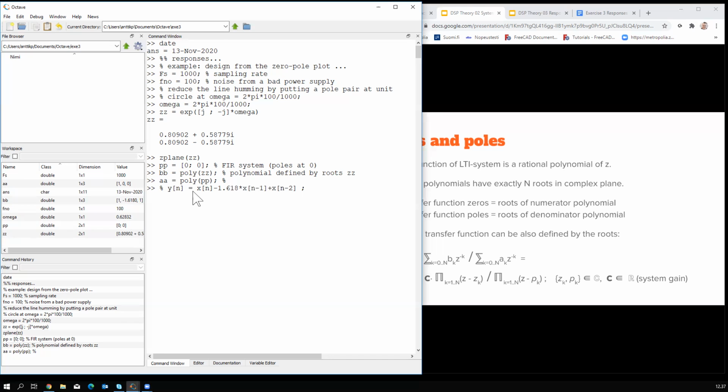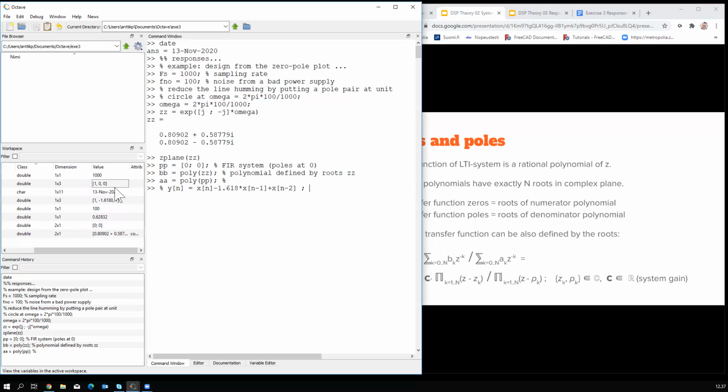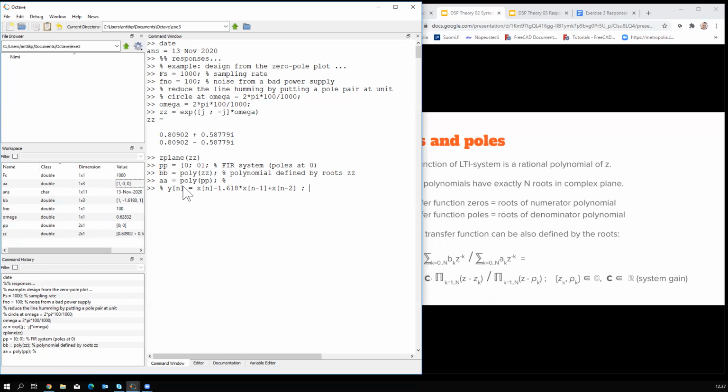Well, that's it. It doesn't have feedback, because the polynomial is just 1, 0, 0, meaning the terms for the feedback are turned off for the y. And this 1 is actually the multiplier for the y of n. Okay, so that's the difference equation.